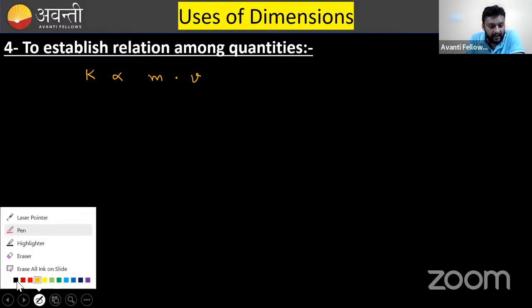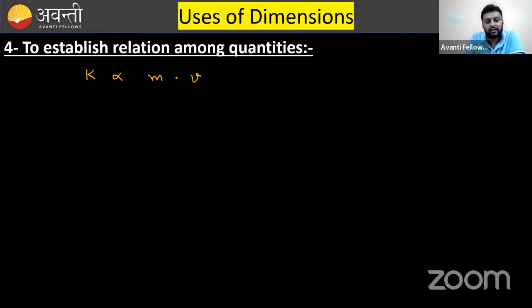For that statement, let's suppose kinetic energy is proportional to mass and velocity, but we don't know the powers, that is, how much power of velocity and how much power of mass should be there. So I am assuming mass has a power A and velocity has a power B. Clear? This is the relation among the quantities. Okay, no problem. So you can write it as kinetic energy.